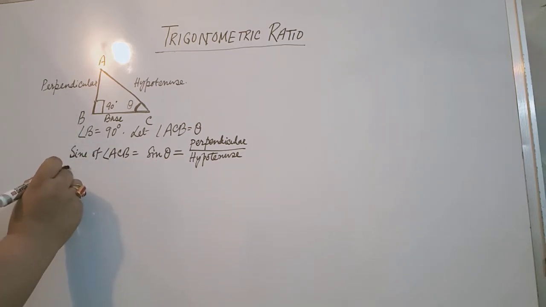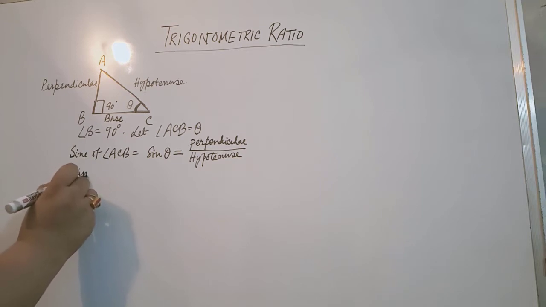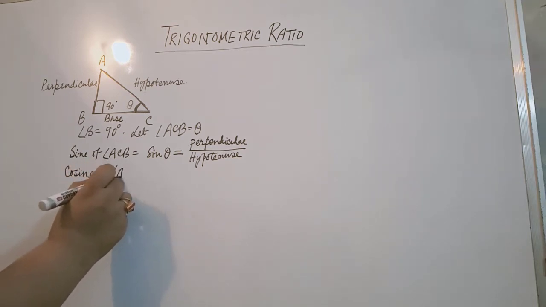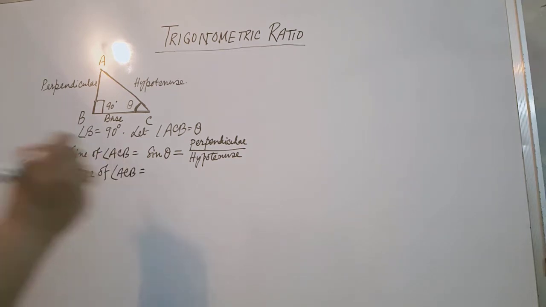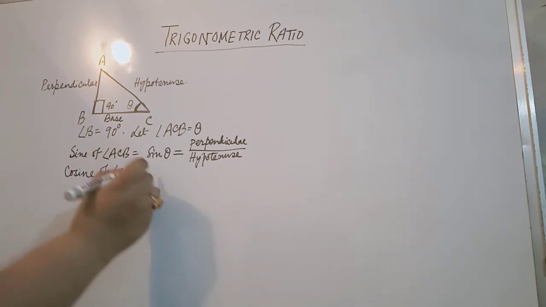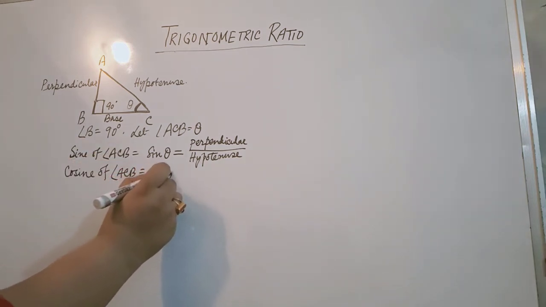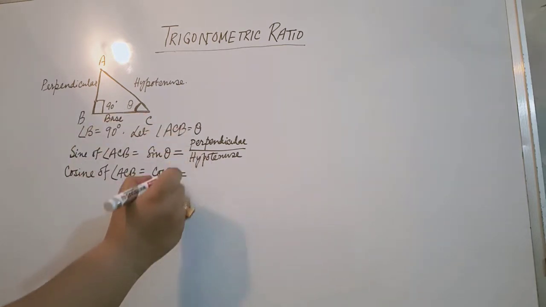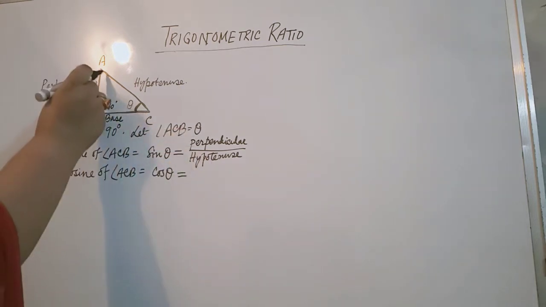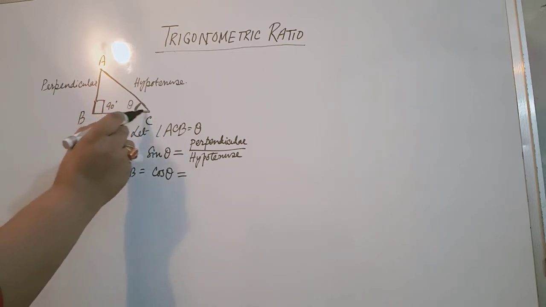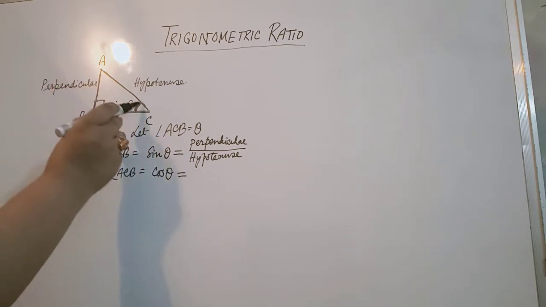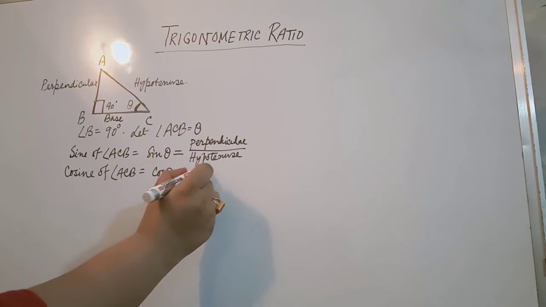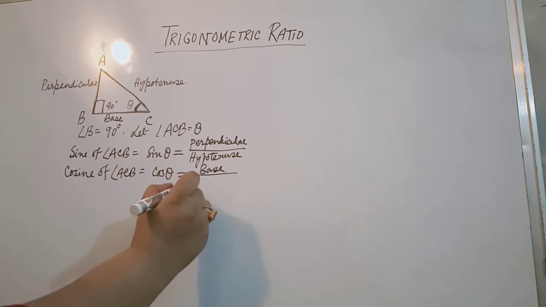Next one is cosine of angle ACB. In short, it can be written as cos theta, because we have considered the measurement as theta, which equals base by hypotenuse, means the side which is adjacent to this acute angle by hypotenuse, base by hypotenuse.